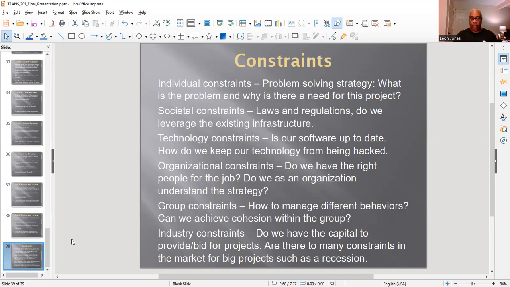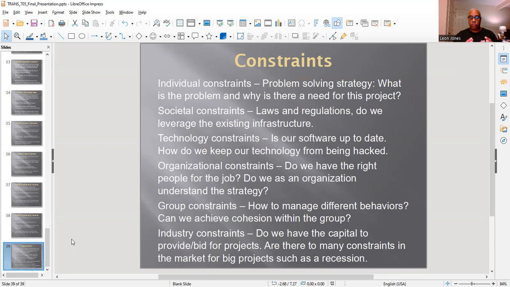And then industry constraints. We have the capital, the bid for projects. Are there too many constraints in the market for big projects, such as a recession, such as bankruptcy within the government, such as where's the tax money going?